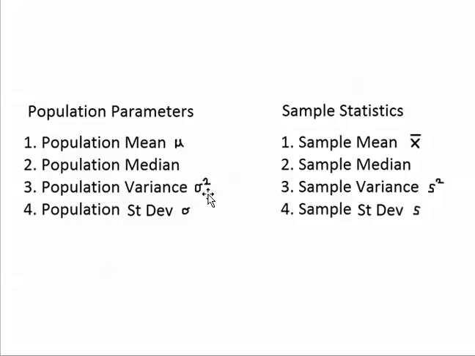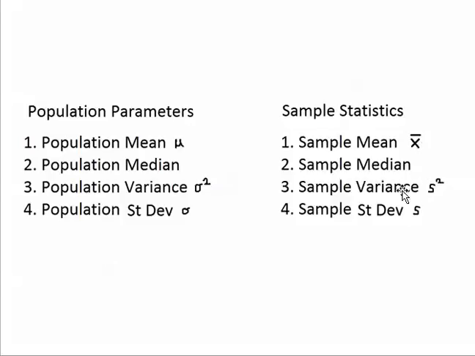The reason why the population variance is sigma squared and the population standard deviation is sigma is because the standard deviation is just the square root of the variance. The symbol for a sample mean is x bar. It's called x bar, but it's just an x with a bar above it.